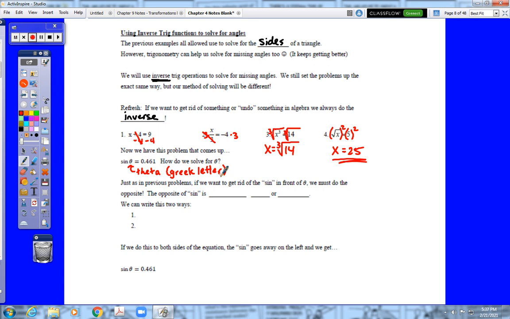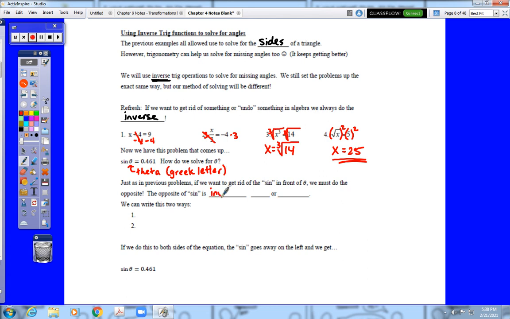Okay? Now, just like we did in those 4 examples up above, there's always a way to get rid of any mathematical function. They all have inverses or we wouldn't really be learning about them. So for sine, the opposite of sine is known as the inverse sine or arc sine.